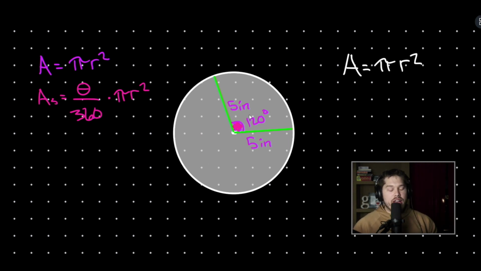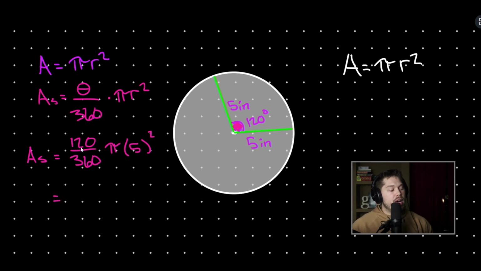So the area of this sector would be what? Since theta is 120 degrees, it would be 120 over 360 times pi times the radius squared. Again, our radius is 5.